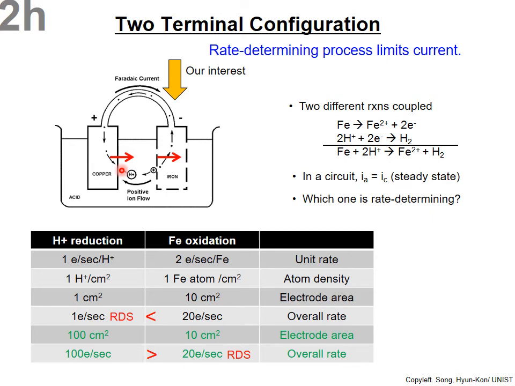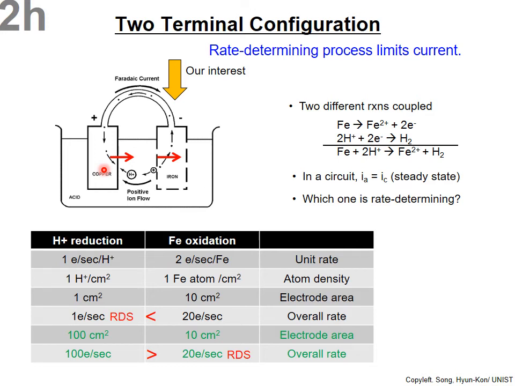Until now, you have learned about the thermodynamics, that is to say, reduction potentials. By using the lessons of thermodynamics, you can expect the direction of electron flows. In this case, from here to there. Also, you can estimate the value of the cell potential, which is the difference of reduction potential between the iron pair and the proton hydrogen pair. But you don't have any idea about the rate or speed or kinetics.